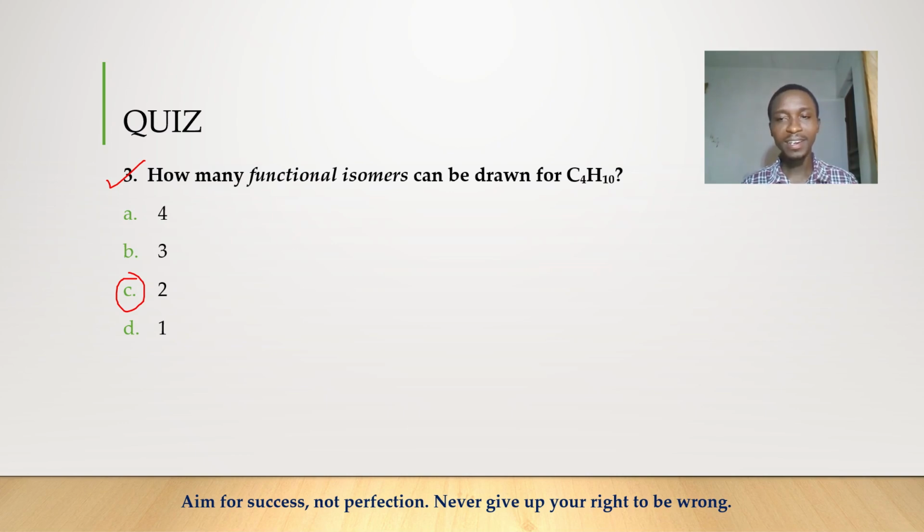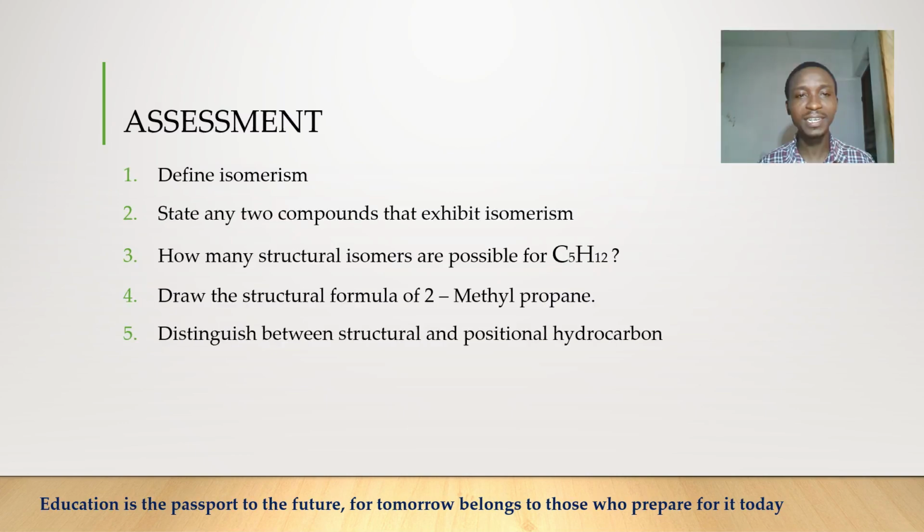Alright, now after the quiz, let's assess what you have learned so far. We have questions to assess what we've gained in the class. Question 1, define isomerism. You should be able to define that if you have concentrated and gained one or two things in this class. Question 2, state 2 compounds that exhibit isomerism.